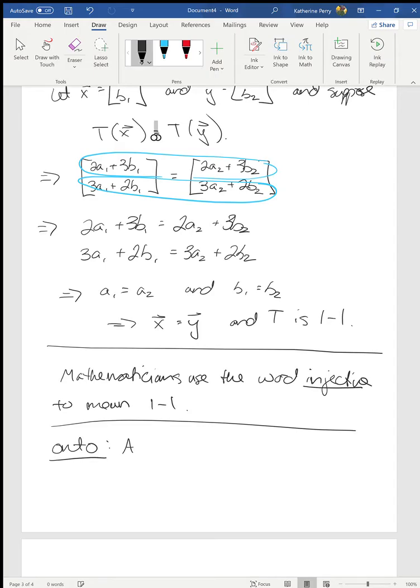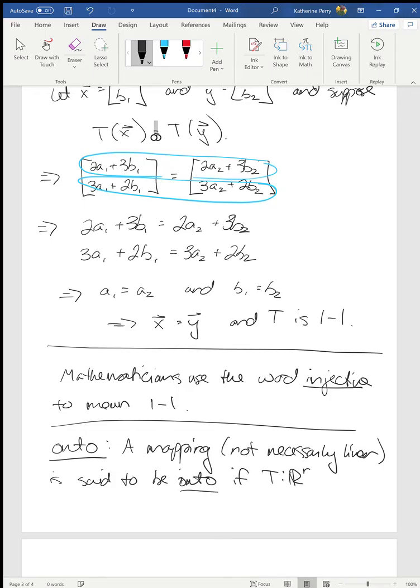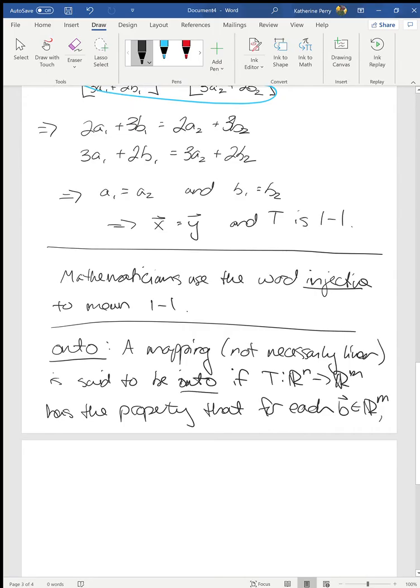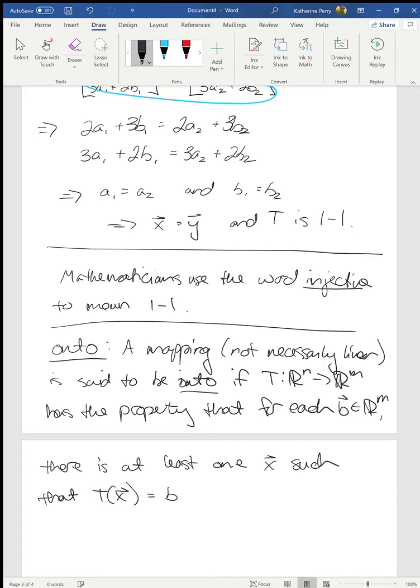And we'll say that a mapping or transformation, again, not necessarily linear, T from Rn to Rm, is said to be onto if it has the property that for each b in Rm, there is at least one x such that T of x is equal to b.